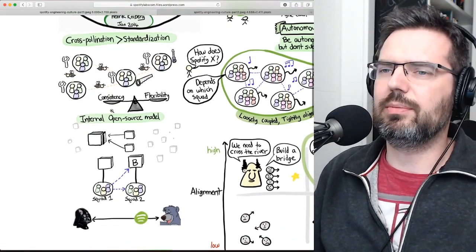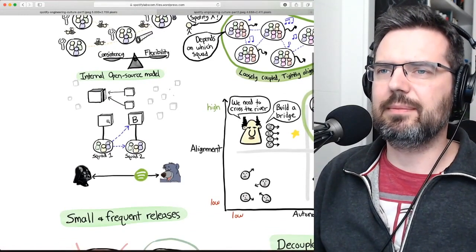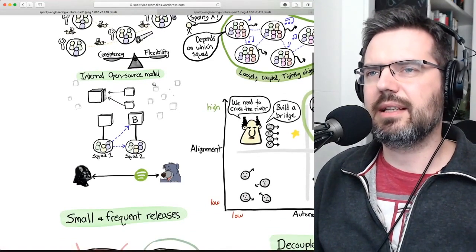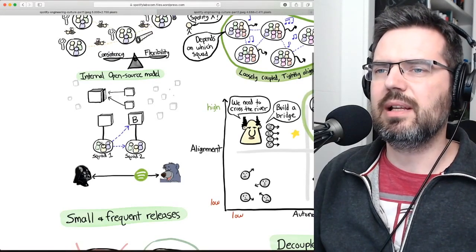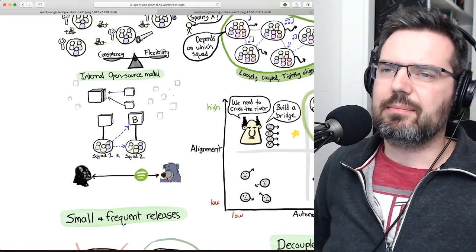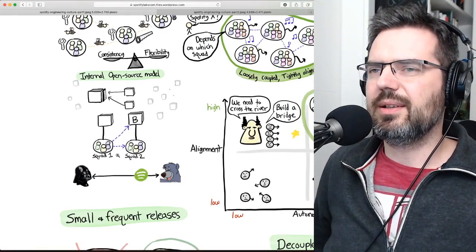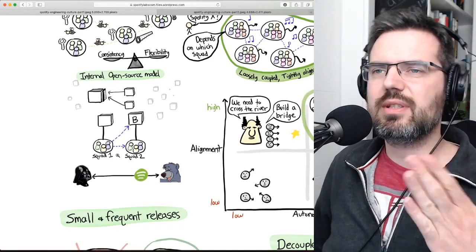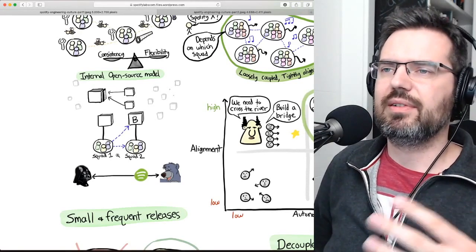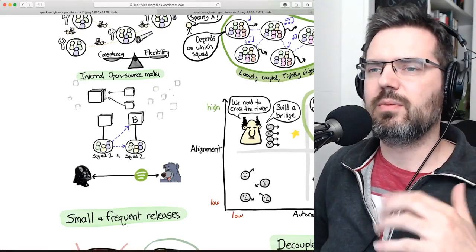Another thing is they have an internal open source model, which I find very good, so that people can work on tools they actually use, and they can improve stuff like libraries that are used within the company.